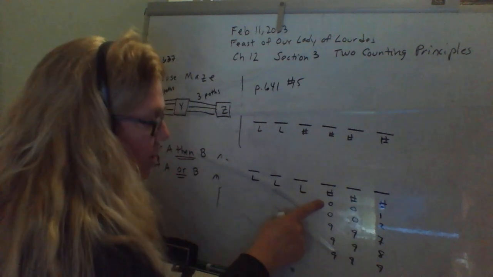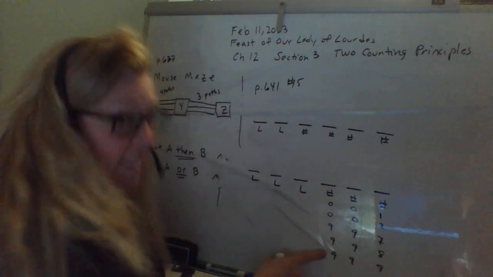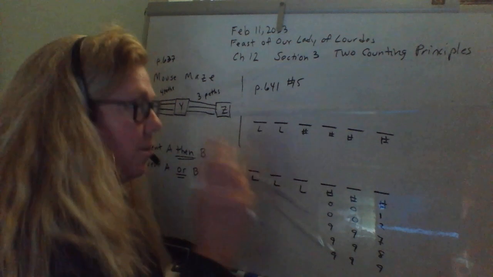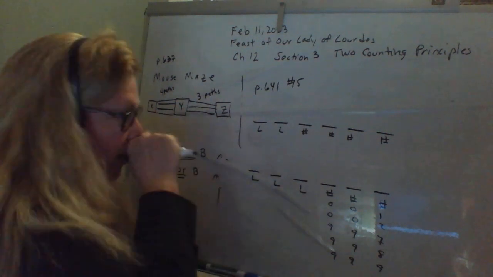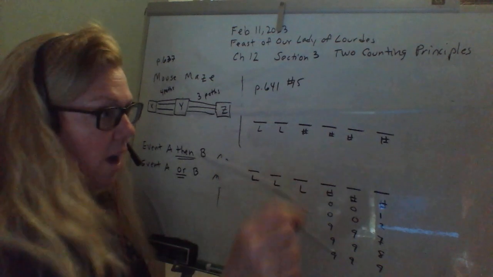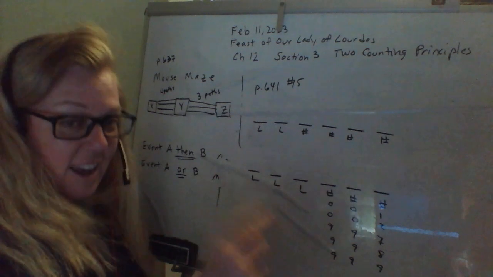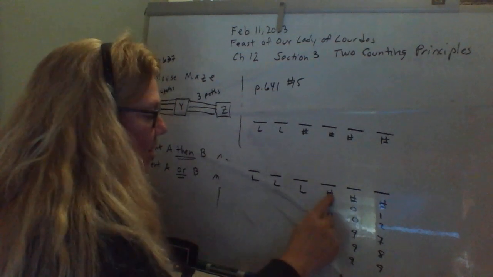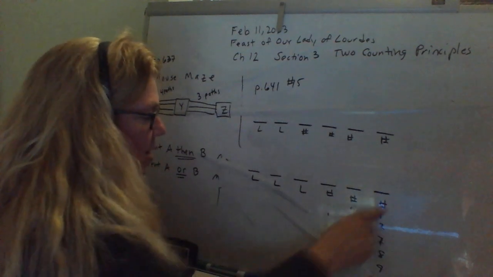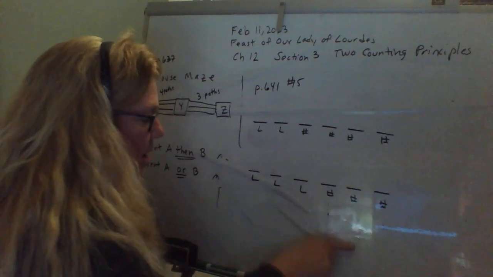So these digits could be from 0 to 9. That's actually 10 objects, because 0 through 9 is 10 things. So these numbers are from 0 to 9.